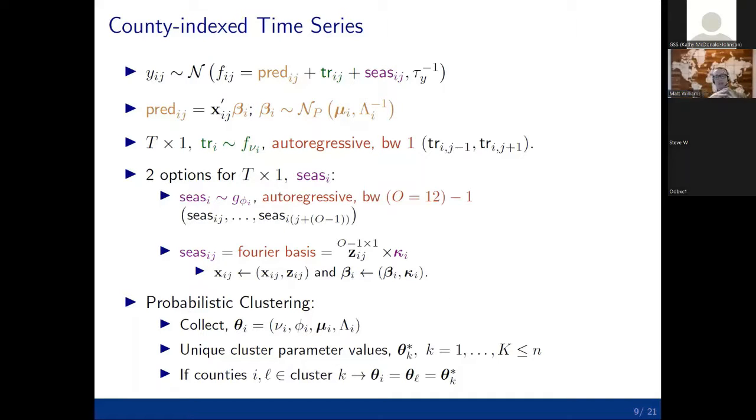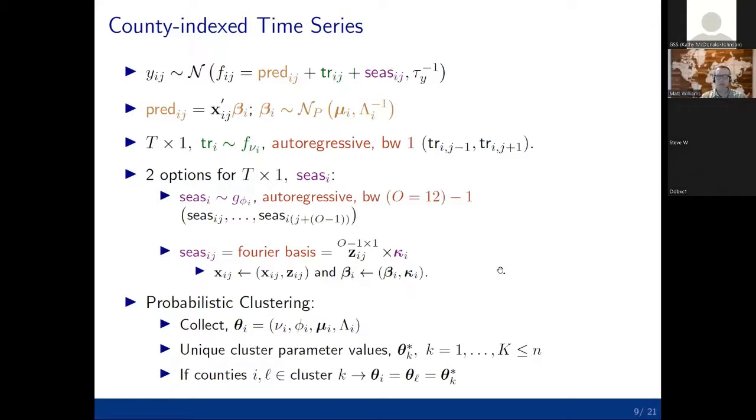And instead of each county having unique values, or each county having the same value, we want something in between. At one extreme, we can't estimate it. At the other extreme, we're borrowing information across counties that are unrelated. We want a reasonable amount of clusters of counties and have them pool information.